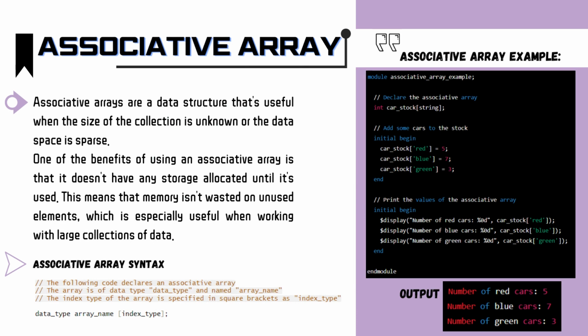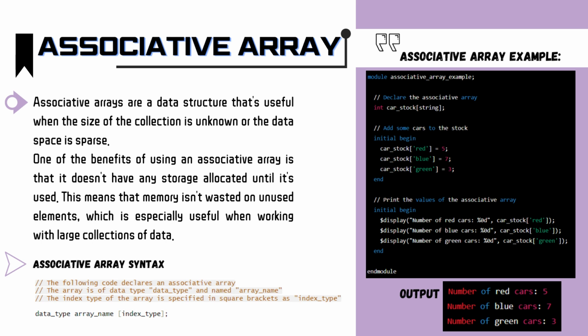Let's start with associative arrays. Associative arrays are a data structure that's useful when the size of the collection is unknown or the data space is sparse. One of the benefits of using an associative array is that it doesn't have any storage allocated until it's used. This means that memory isn't wasted on unused elements, which is especially useful when working with large collections of data.